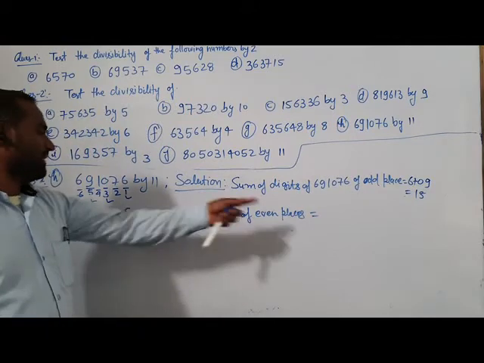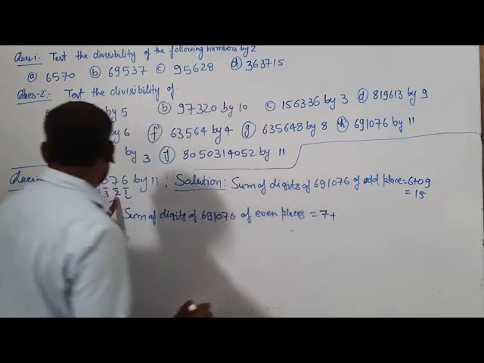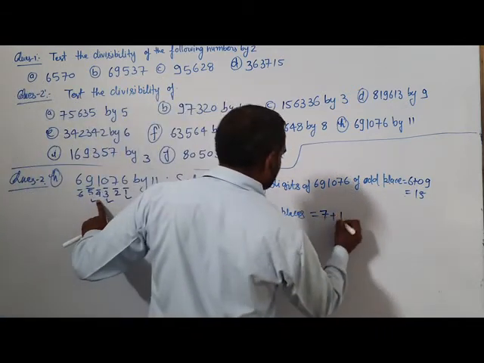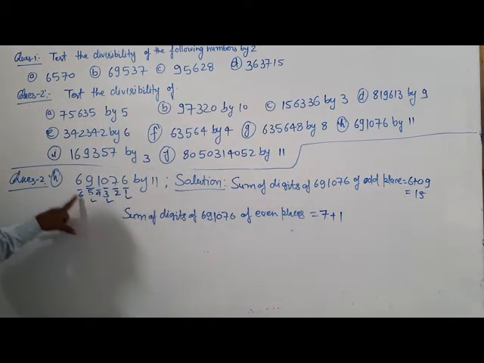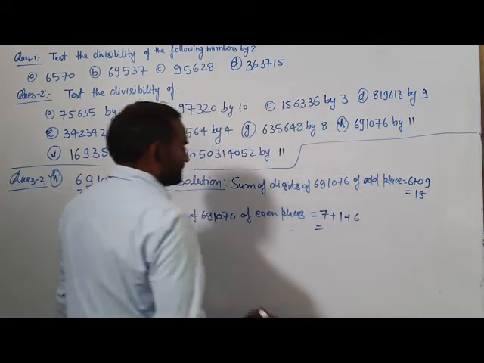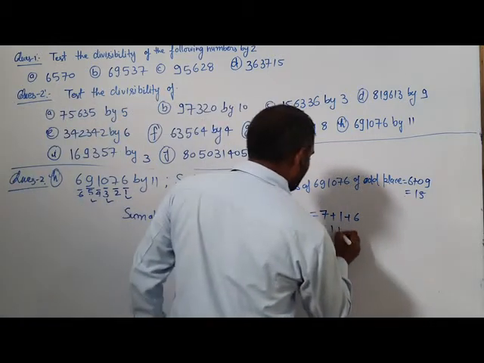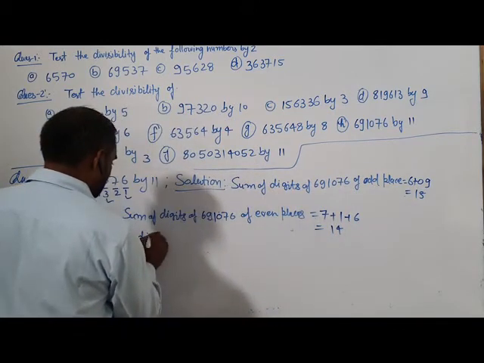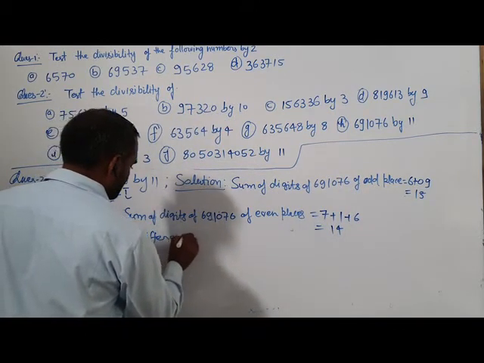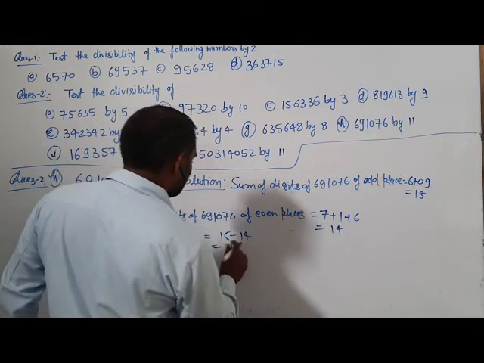Sum of even places: 7 plus 1 plus 6 is 14. The difference is equal to 15 minus 14, which is equal to 1.